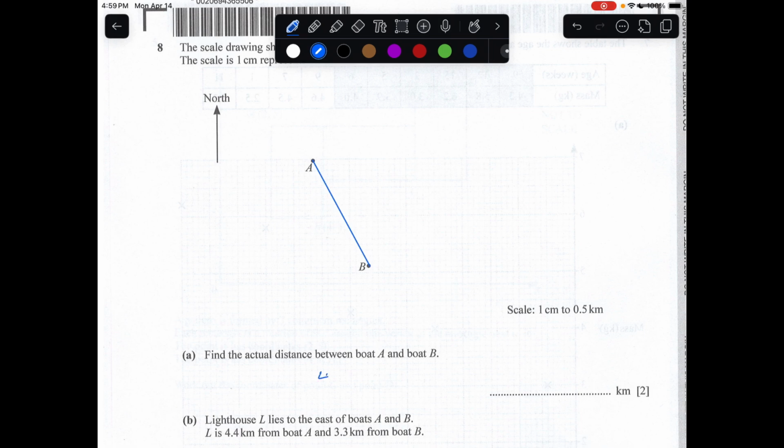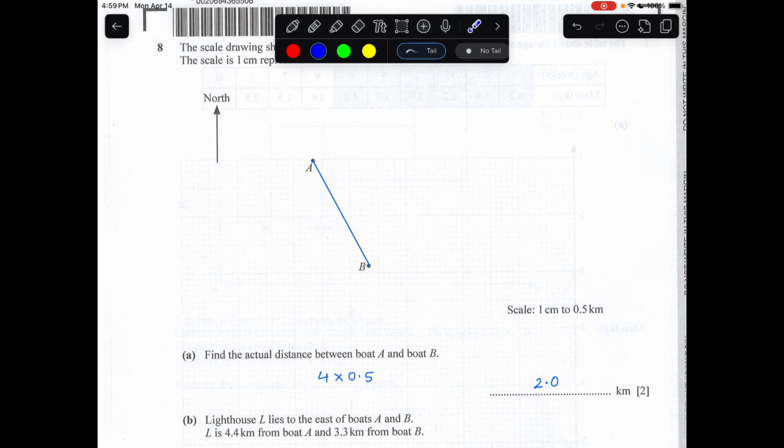Again, remember, this is a photocopy of the actual exam, so this is not going to be very accurate. But in the exam, you'll just follow the method, measure, and then convert it into kilometers. So we have our scale over here: 1 centimeter is equal to 0.5 kilometers. So 4 centimeters would be 4 multiplied by 0.5, which is 2 kilometers.